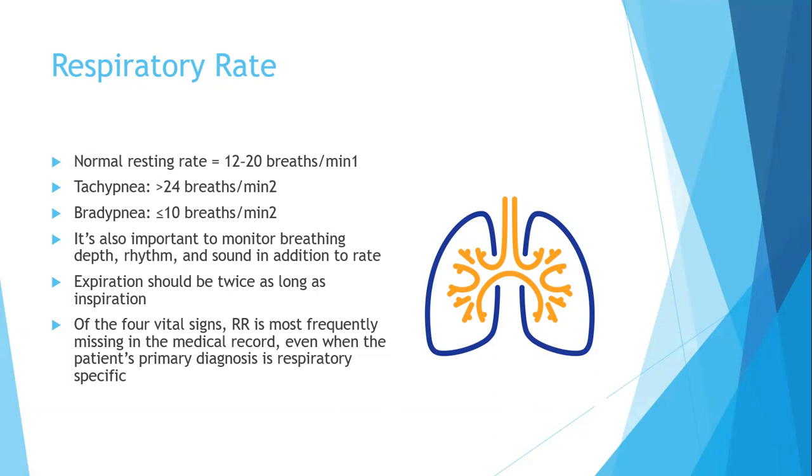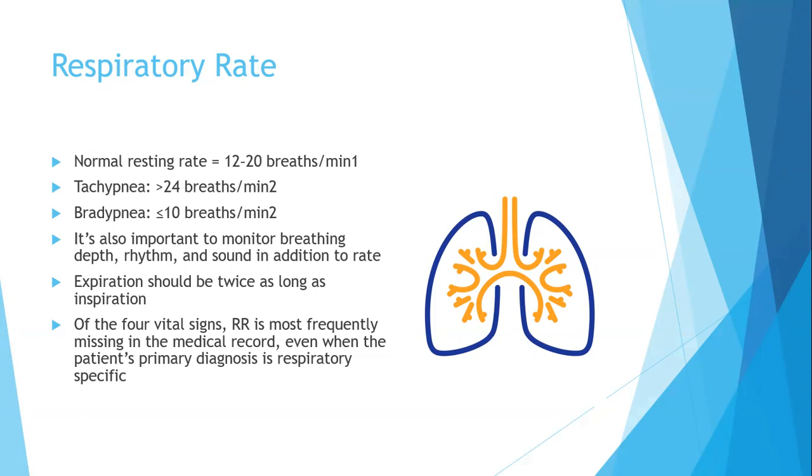I think it is sometimes a little harder to measure respiratory rate because you have to do it in such a way that the patient doesn't realize you're measuring it. Unlike our other vital signs, we can change our respiratory rate voluntarily. We can't change our heart rate or our blood pressure, but we can change our respiratory rate.